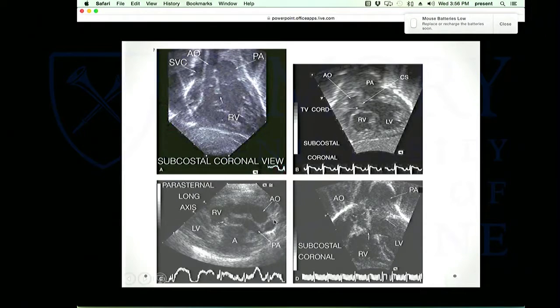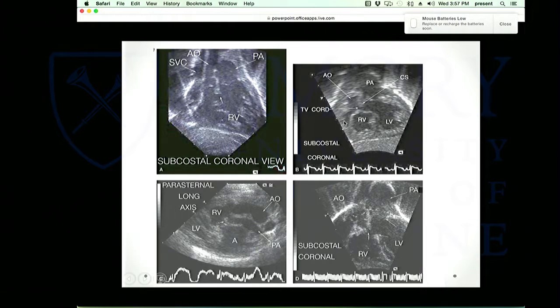And as we talked about in the transposition of the great arteries talk, whenever you see 2 of the great arteries in parallel in the parasternal long axis view, you have to be suspicious for some form of transposition. So exactly the same, you're going to see pulmonary and aorta here.